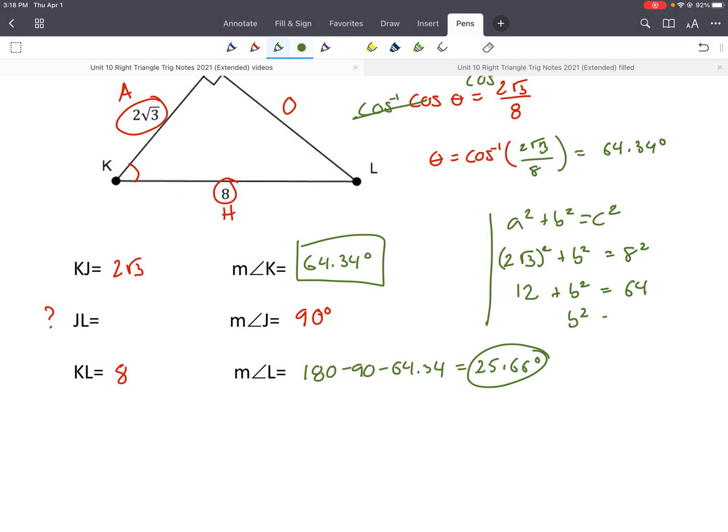Subtract 12 on both sides, we'd get 52. And we get b equals the square root of 52, which we can reduce. 2 goes into 52 26 times, and 2 goes into 26 13 times. So here we have a group of 2 that we can take out, so we'd get b equals 2 square roots of 13. That would be our exact answer.